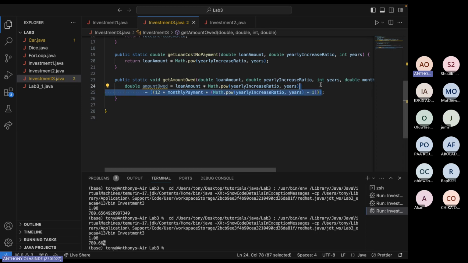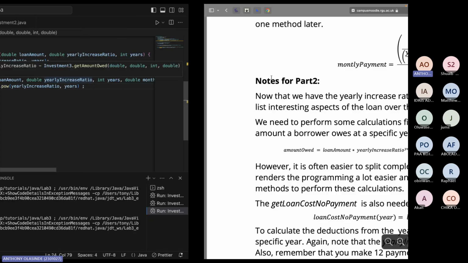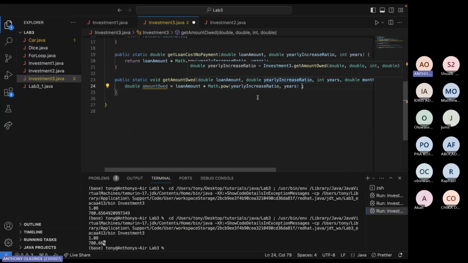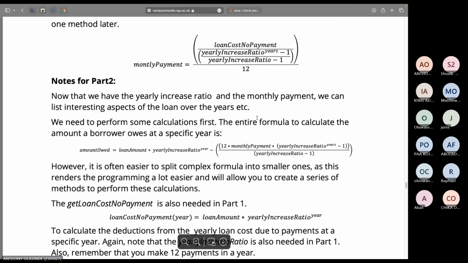Don't worry, that's fine. So we are at loan amount multiplied by math.power of that minus this bracket, right?